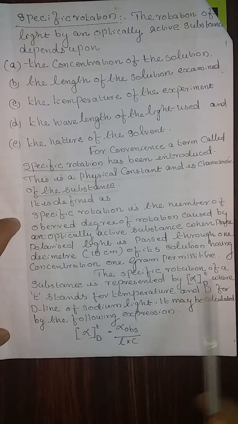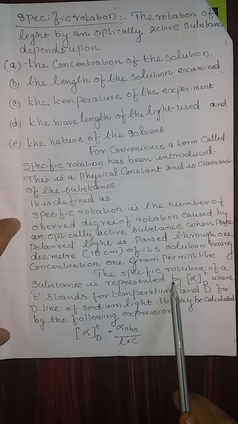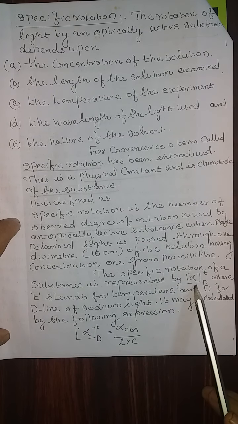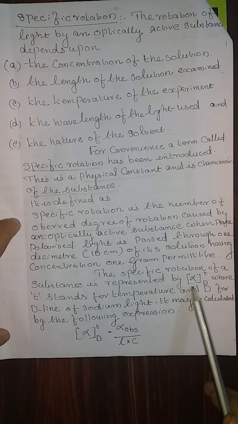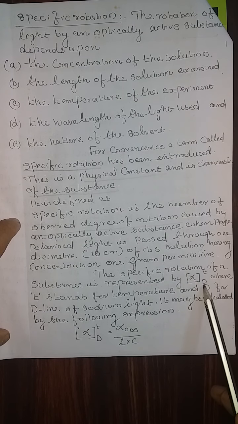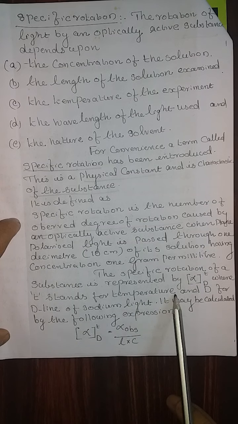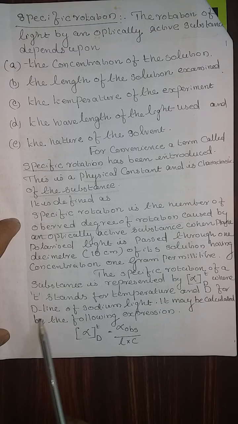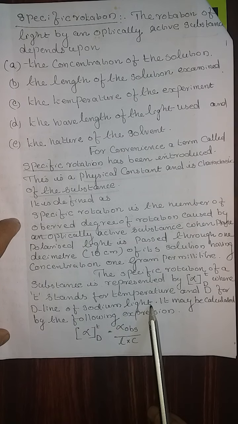The specific rotation of a substance is represented by alpha, with a square bracket, T and D, where T stands for the temperature and D for the D line of sodium light.